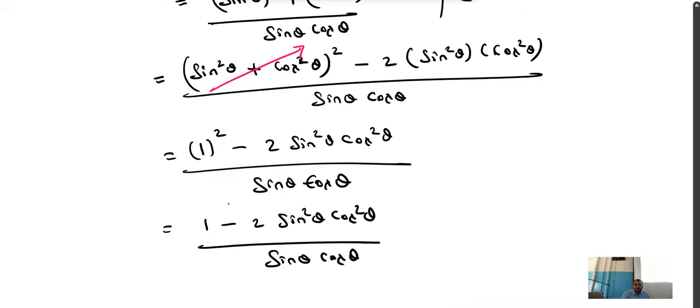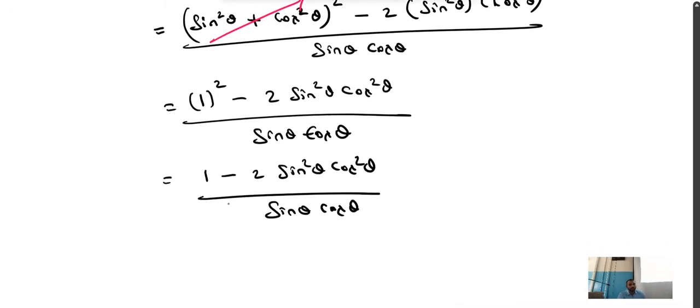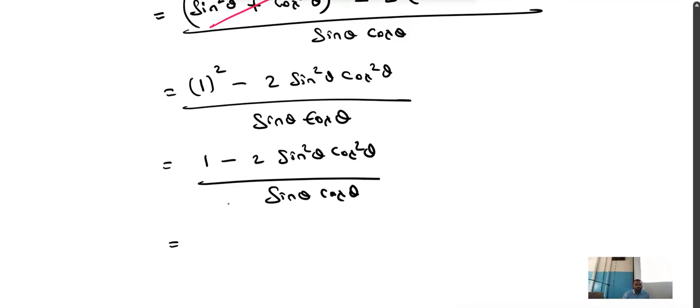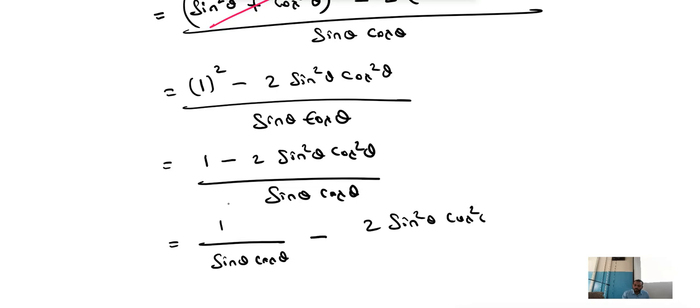Now this sin theta into cos theta divides both the sides. Can we split this? 1 by sin theta cos theta minus 2 sin square theta cos square theta divided by sin theta into cos theta. It is whole divide, which means it divides both the terms.